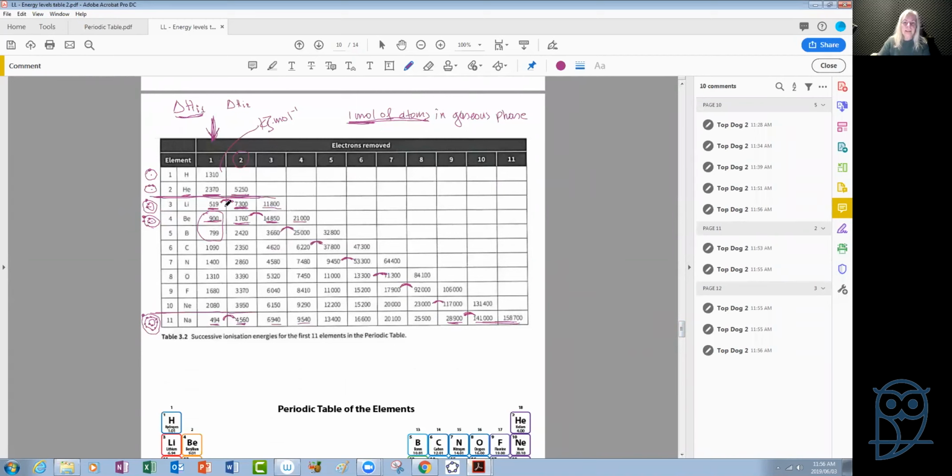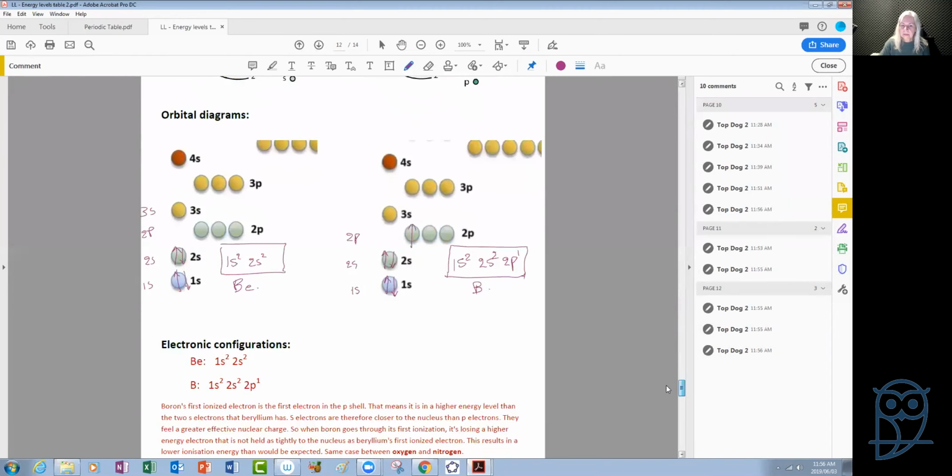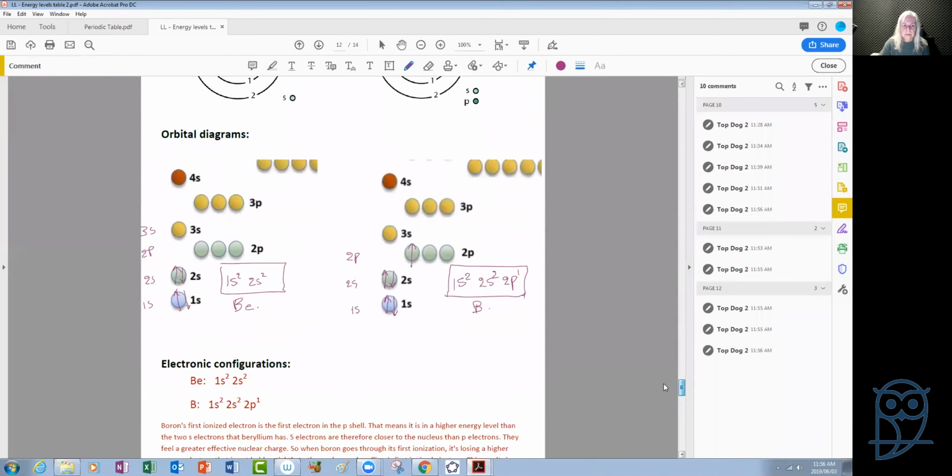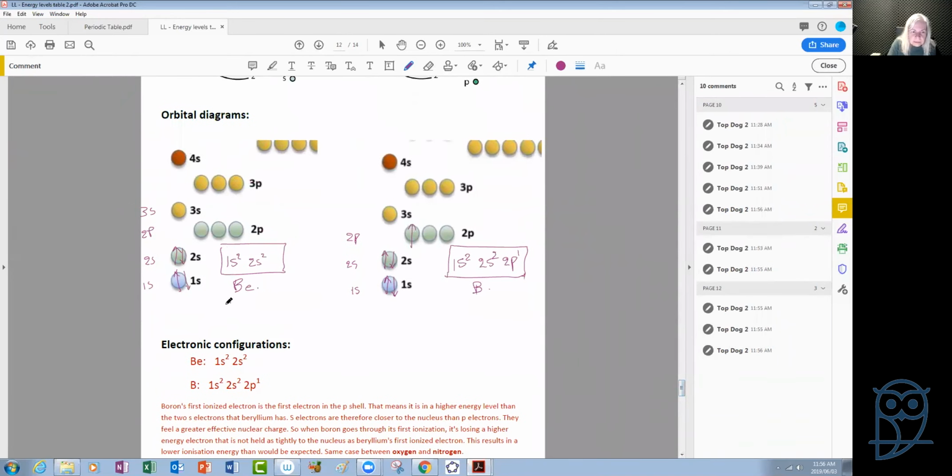So beryllium 900, and this is about 800, like 799 if I remember correctly. These are kilojoules per mole. And they say why this is less than that.